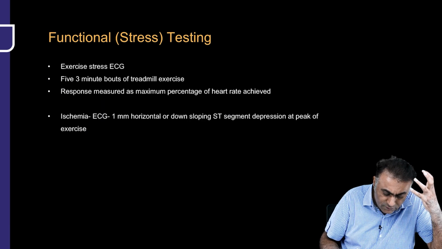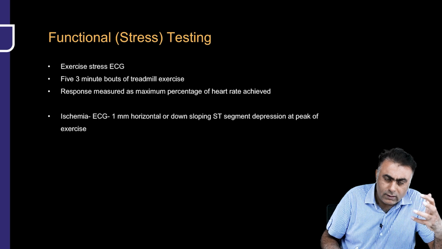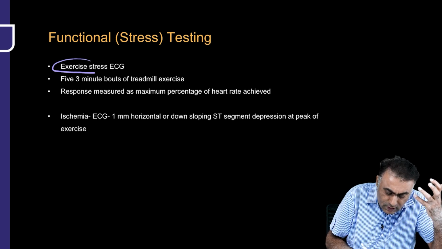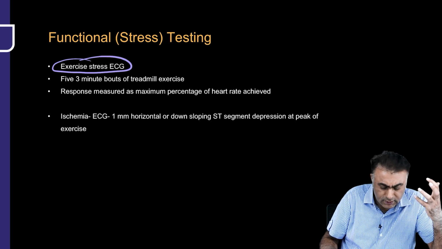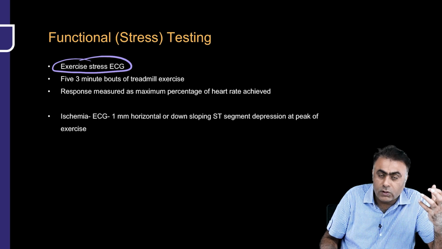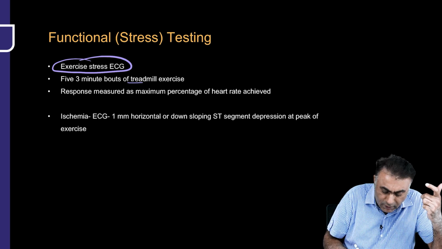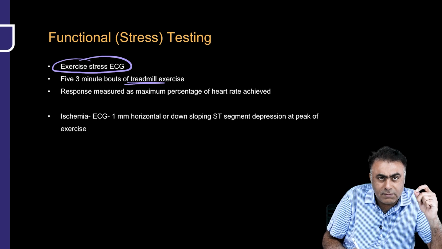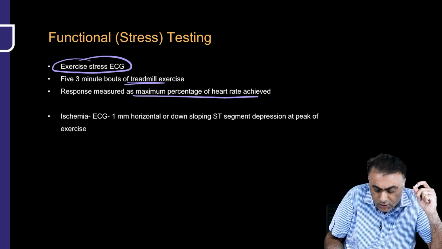Now, the first and simplest functional stress test is the exercise stress ECG, where the patient undergoes 3-minute bouts of treadmill exercise, and the response is measured as a maximum percentage of the heart rate achieved.